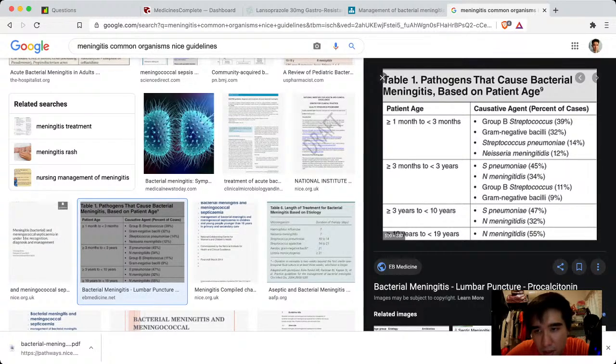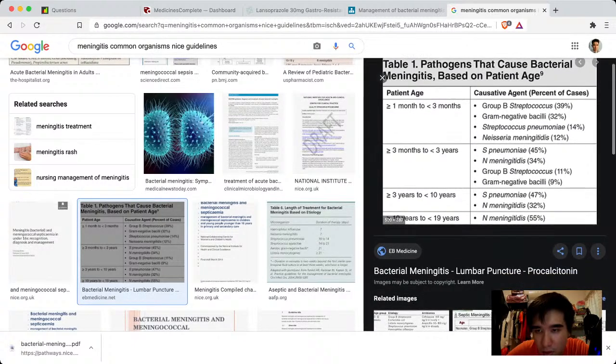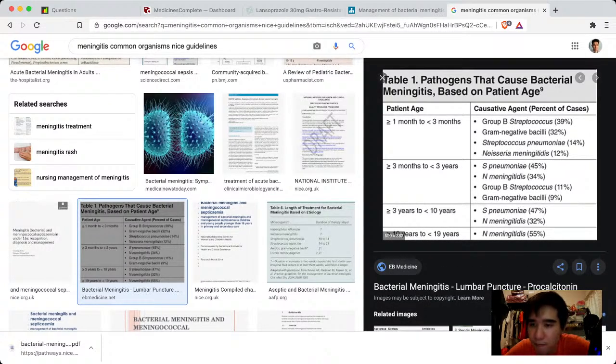NHS: Neisseria meningitidis, Haemophilus influenzae, and Streptococcus pneumoniae. And then NS: Neisseria and Streptococcus pneumoniae after 3 years. Yeah, I think that's it.